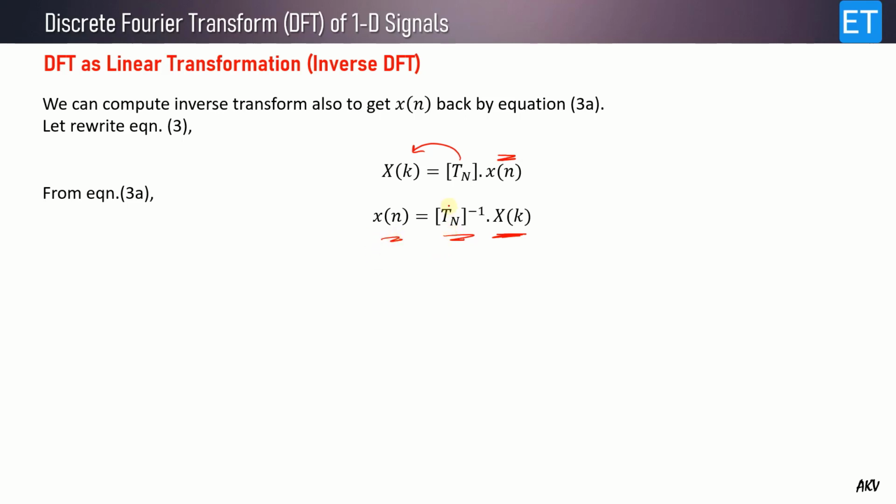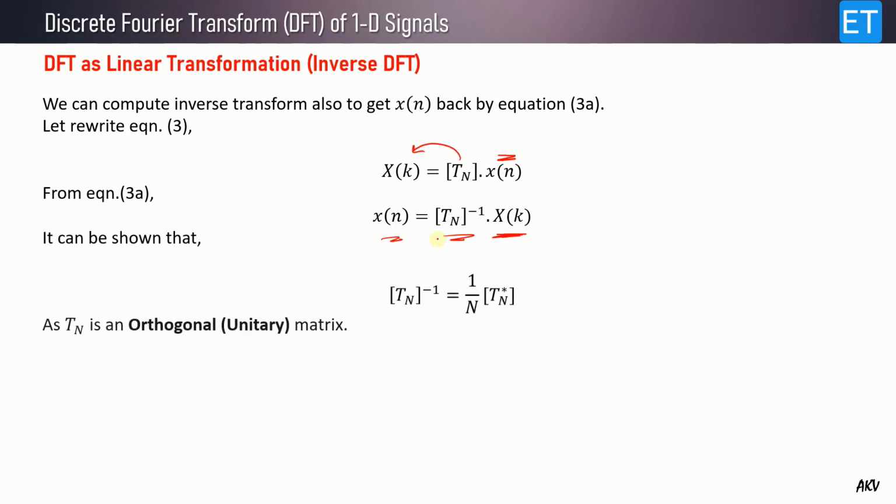But the question is: how do we find the inverse of this n by n matrix? Since n can be a large number, it seems very difficult to find the inverse of that matrix at this moment. But you will be surprised that it is very easy, because this matrix is actually a unitary orthogonal matrix.